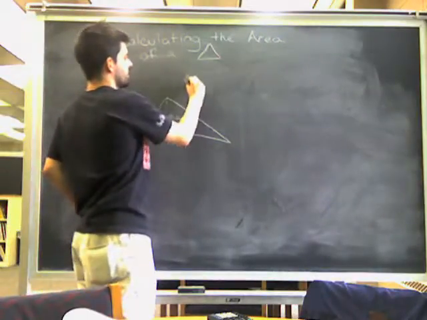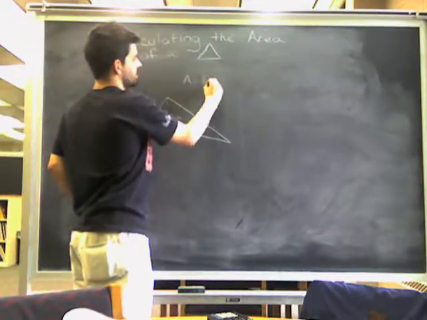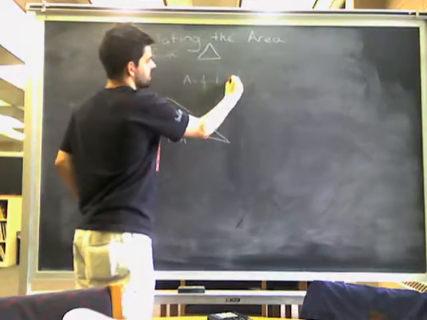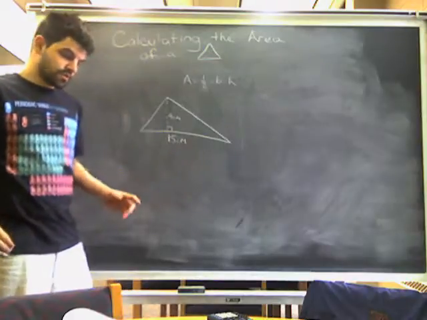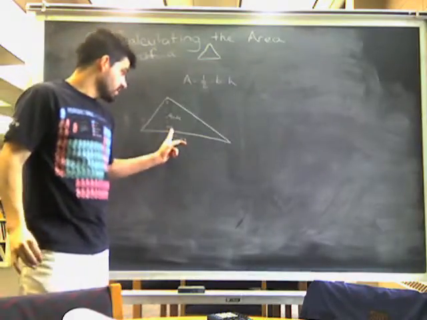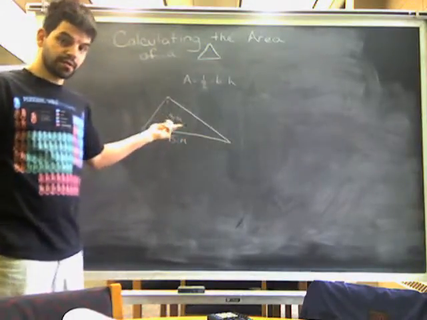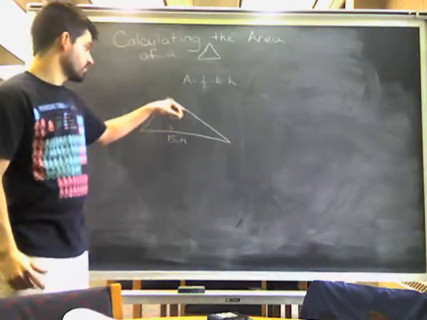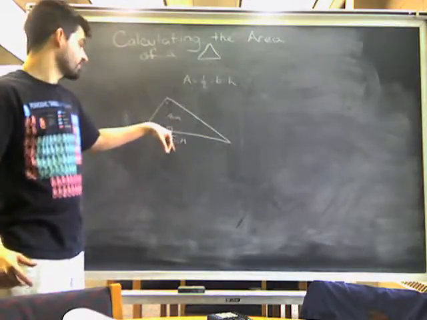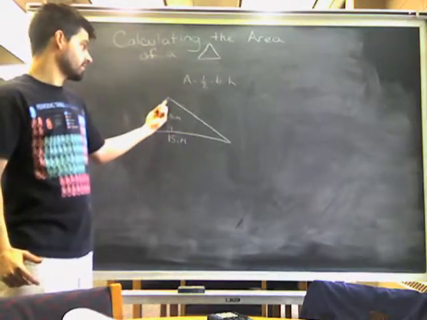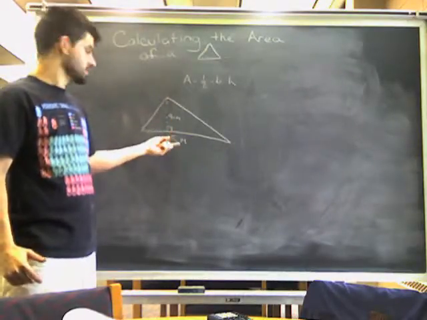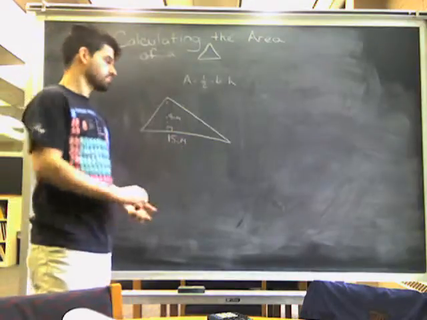Now remember, our area is equal to 1/2 times the base times the height. Now, please make sure to remember the height of any triangle is the point at which the vertex meets the base. The imaginary line segment is made from the top, the vertex, to the base.